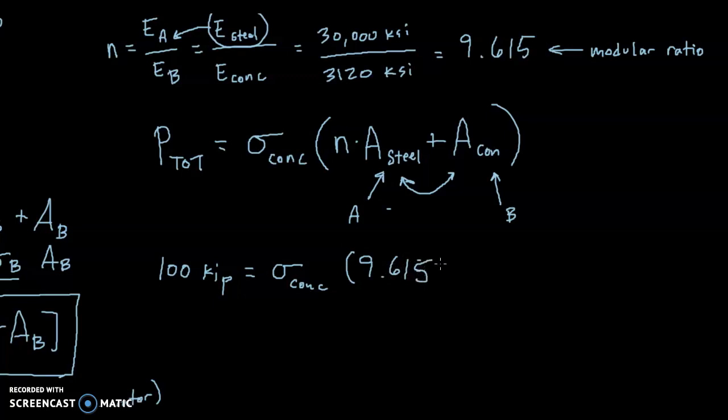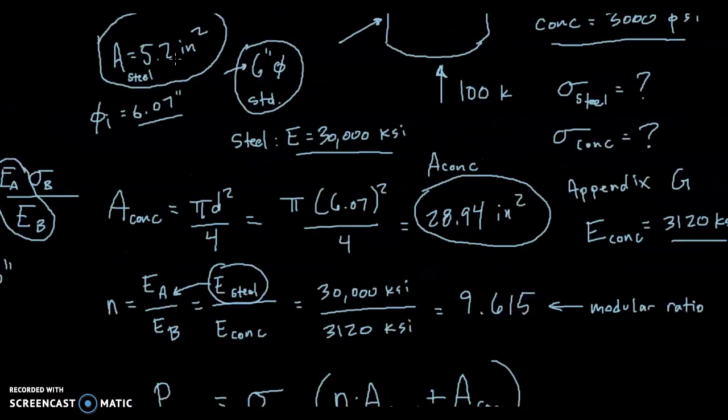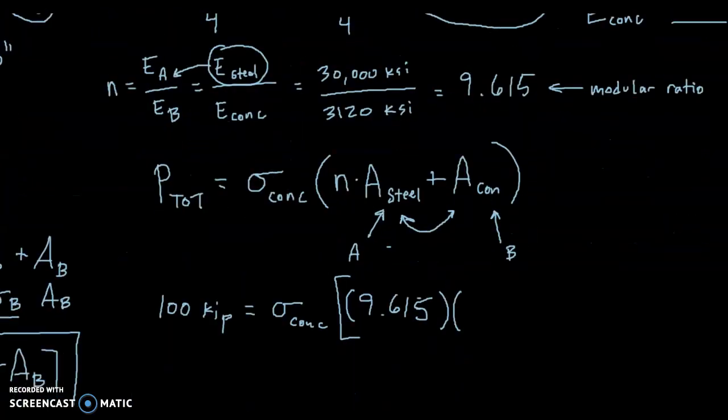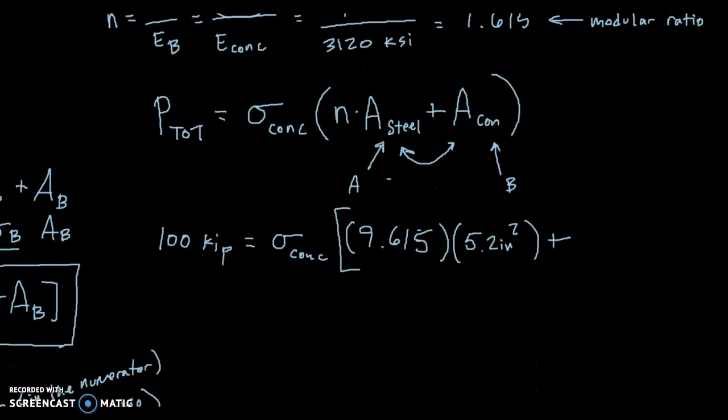Bracket here. 9.615 times the area of the steel, which was 5.2 square inches, plus the area of the concrete, which was 28.94.